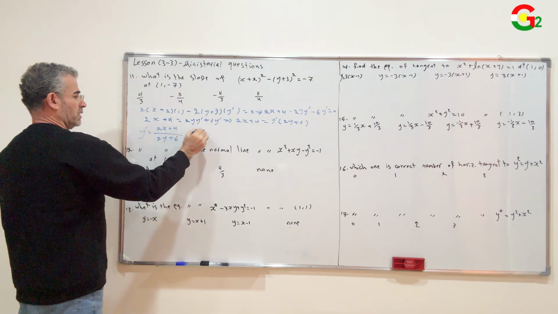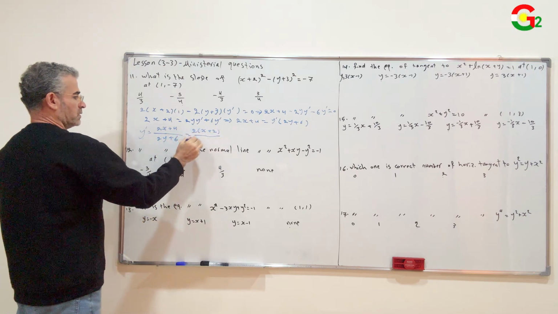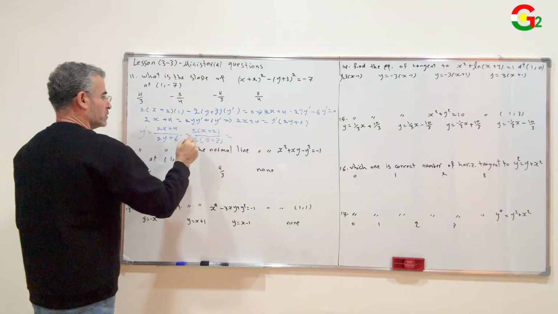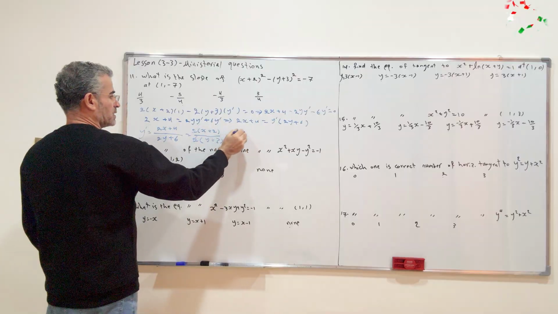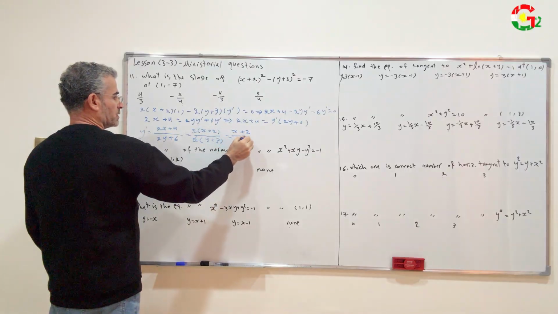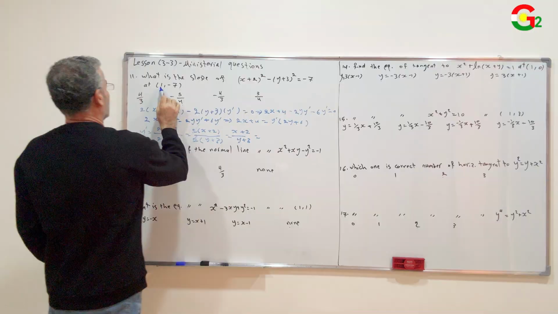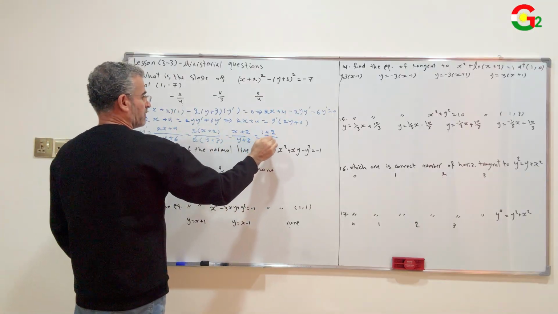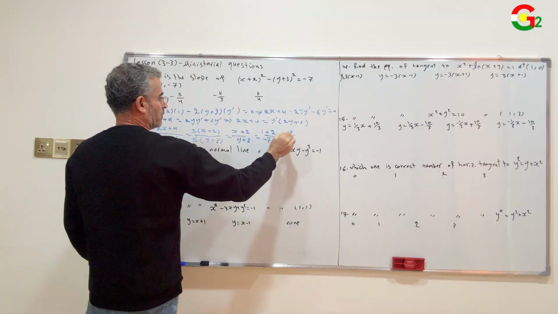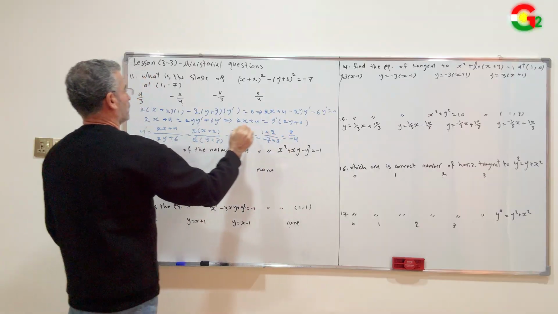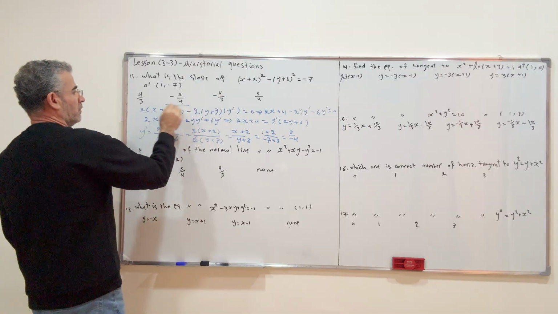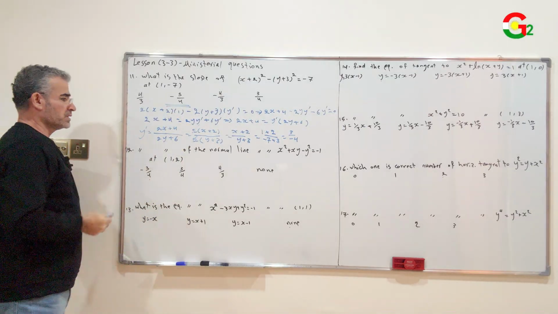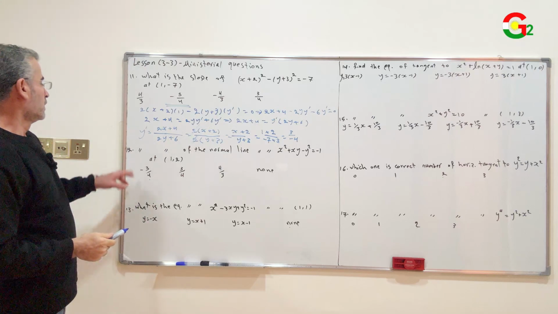Factorized by 2, x plus 2 over, also factorized by 2, y plus 3. Reduce 2 with 2, x plus 2 over y plus 3. At the point 1, negative 7, 1 plus 2 over negative 7 plus 3 equals 3 over negative 4, or negative 3 over 4. Choice B.